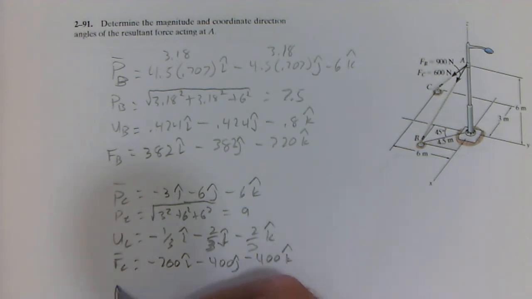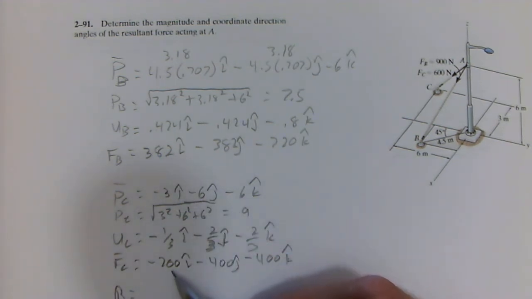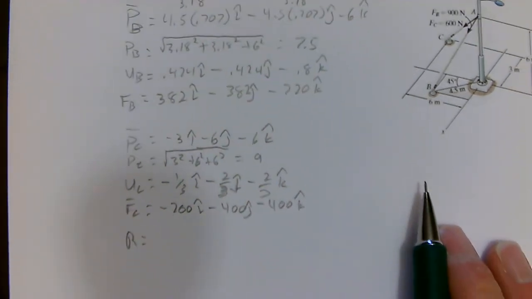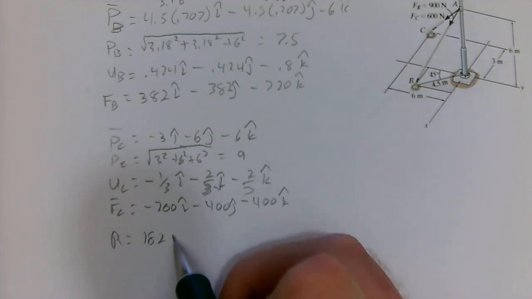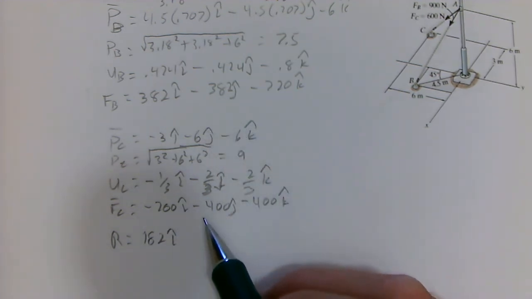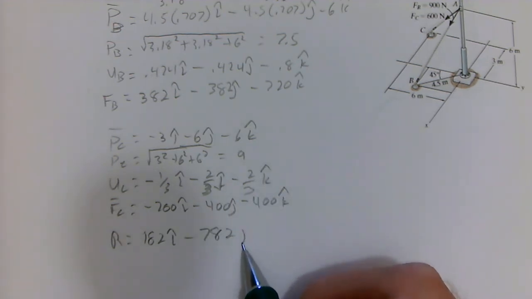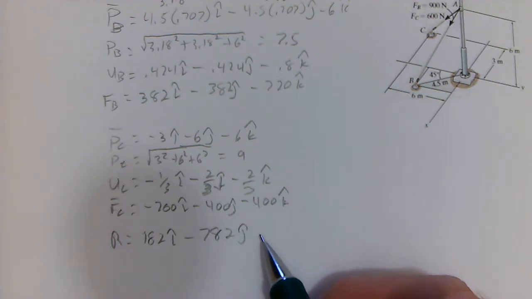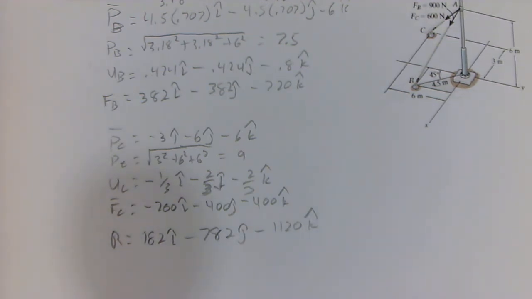So now the resultant is 382 minus 200 in the i, which is 182 in the i. Negative 382 minus 400 is minus 782 in the j, and minus 1120 in the k.